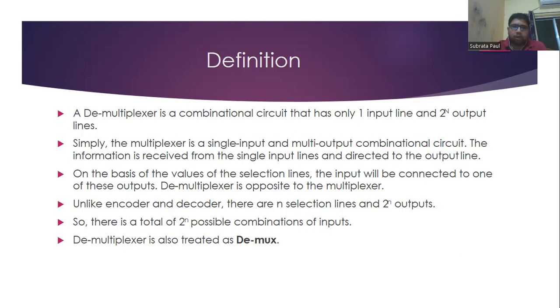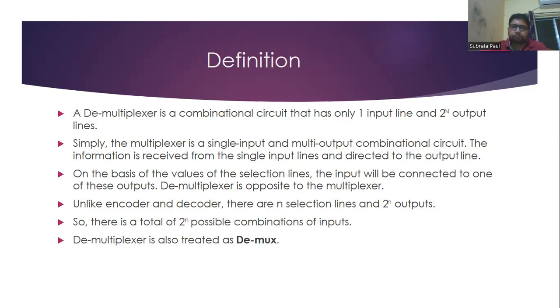line. Now, in a multiplexer, we have already seen that there are multiple inputs and a single output, whereas in a demultiplexer the information that is received from a single input is directed into multiple output lines. On the basis of the selection lines, the input will be connected to these outputs. A demultiplexer will operate just in the reverse way of the multiplexer.